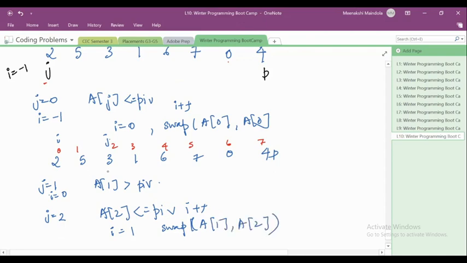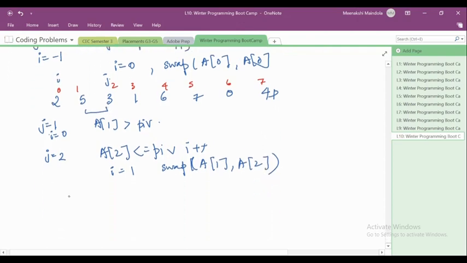So you swap these two values. And now what is it that you get as output? You get 2, 3, 5, 1, 6, 7, 0 and 4, right? So what are the values that you just swapped? You swapped these two values, right?